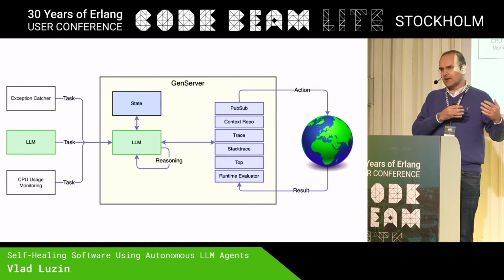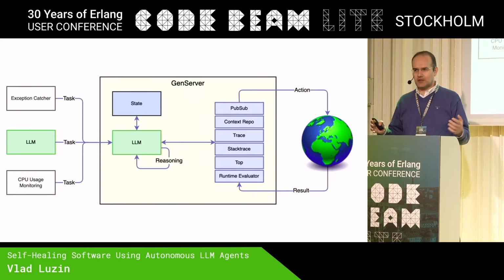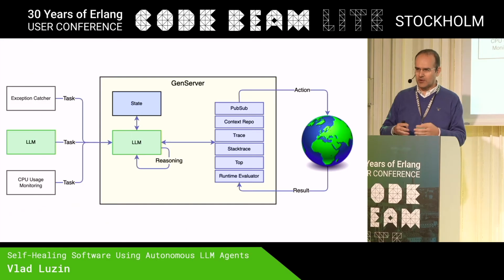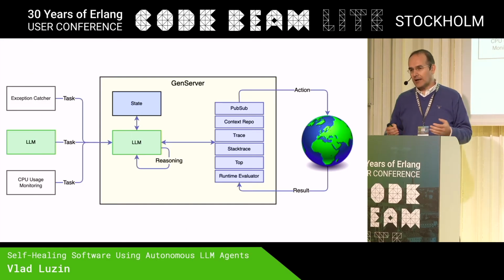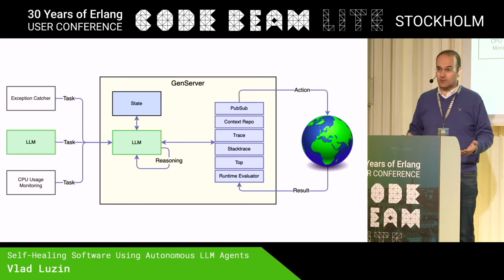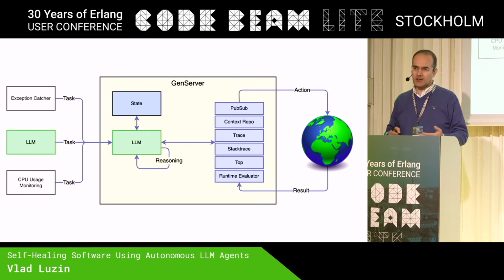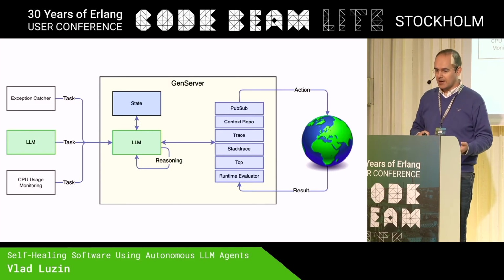So taking the overall system architecture of the large language model, let's look at how the design looks right now when we actually implement it. Our agents are, of course, GenServers. The memory of the agent is the state of the GenServer. We have an LLM that is responsible for reasoning, and I'm using GPT-4 of OpenAI here.